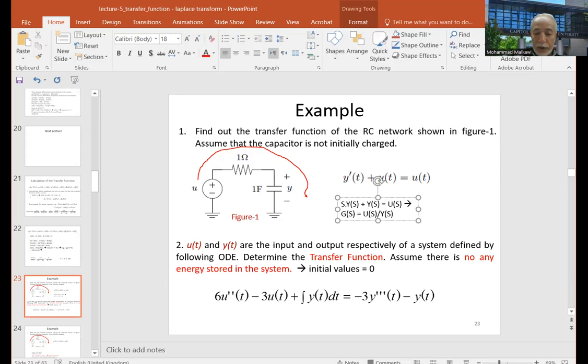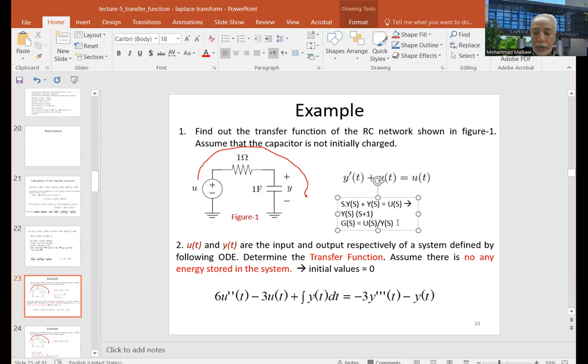Before I do that, let me take this y of s, factor it out, which is s plus 1.